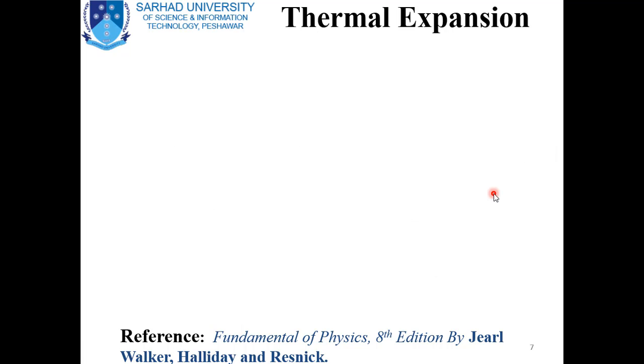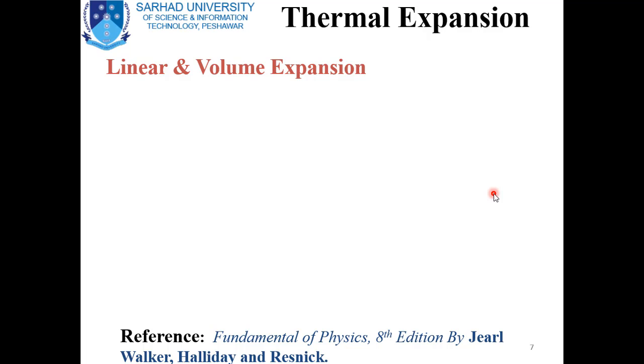Our next topic of the lecture is thermal expansion, and in this slide and the upcoming slide we will discuss two types of expansion, which are linear and volume expansion. The properties of many bodies change as we alter their temperature, perhaps by moving them from a cold to a hot place.